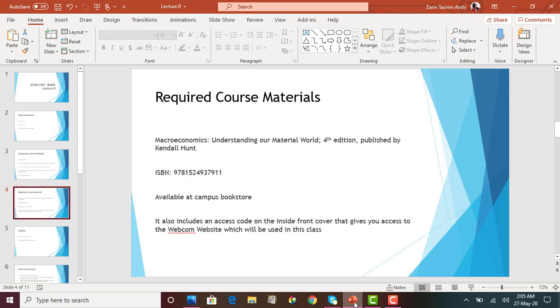The required text material for this class is Macroeconomics: Understanding Our Material, 4th edition. The ISBN number is listed there. This is available at the campus bookstore, or you can buy it online and get the web code and access it online, which is probably going to be easier.